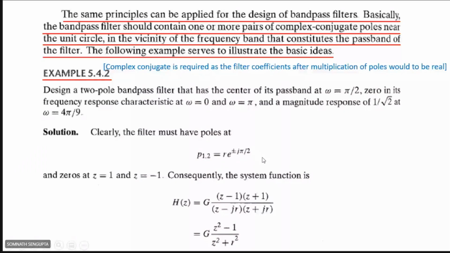Another criteria is the zeros. Okay. Zero in its frequency characteristics at omega equal to 0 and omega equal to pi. So at these two frequencies, gain should be 0. So what should be the value of zeros? Can anybody tell? At these two frequencies, omega equal to 0 and omega equal to pi. क्या होगा जीरो का वैल्यू?